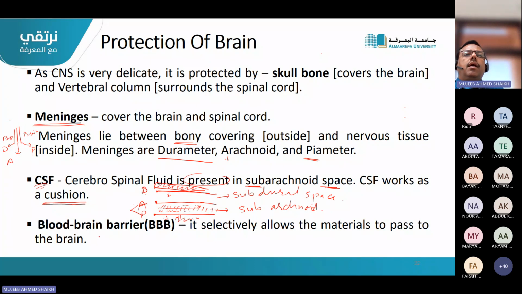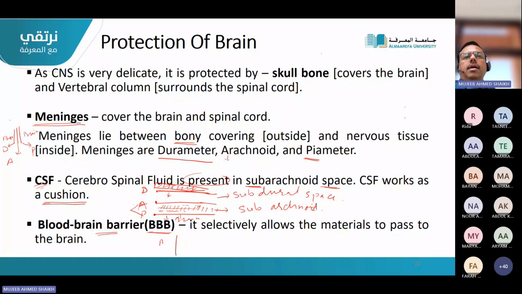Now the brain is also protected by one barrier. We call it the blood-brain barrier, where anything present in the blood cannot easily enter into the brain and cause changes. So it is a sort of virtual barrier. You will not see it like a layer.